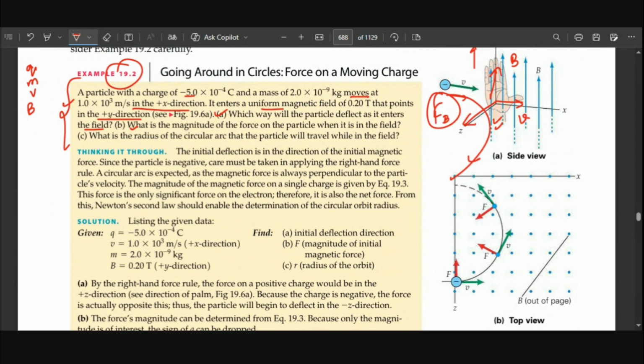You just have to put the values into the formula and you get the answer. You have given charge.